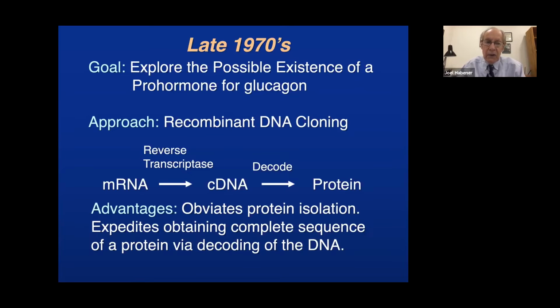which is converted into cDNA, complementary DNA, by an enzyme called reverse transcriptase. And the cDNA can then be decoded using the amino acid code for nucleotide translation of DNA or messenger RNA into protein.